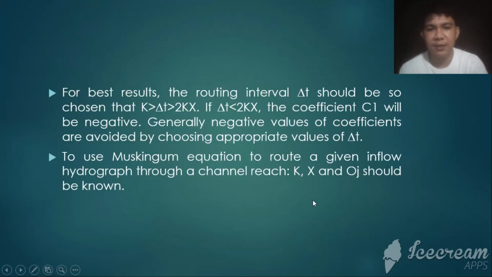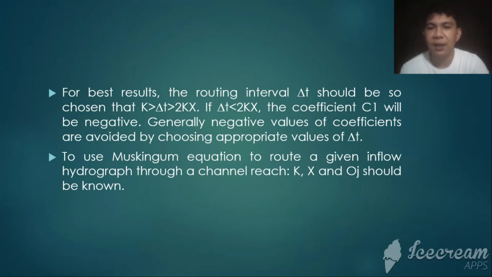For the best results, the routing interval delta t should be so chosen that K is greater than delta t, which is greater than 2Kx. If delta t is less than 2Kx, then the coefficient C1 will be negative.